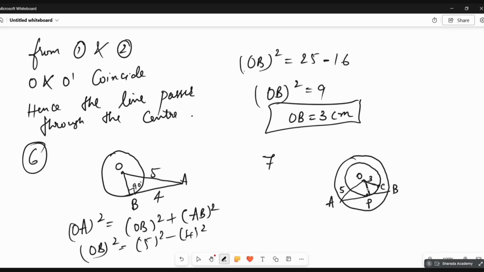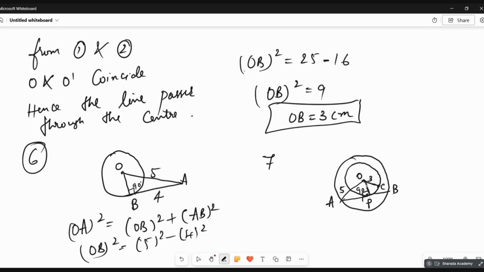Now, if you observe, this is 90 degrees, correct? Listen here. OP is perpendicular to AB. So this is 90 degrees, OPA. It is a right angled triangle. OPA is a right angled triangle. OA is 5 centimeter. Okay.